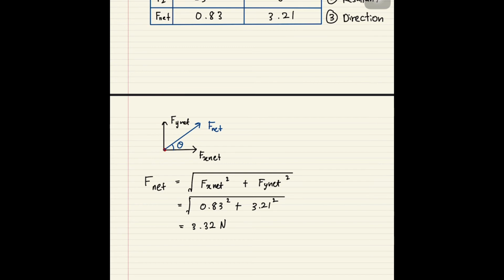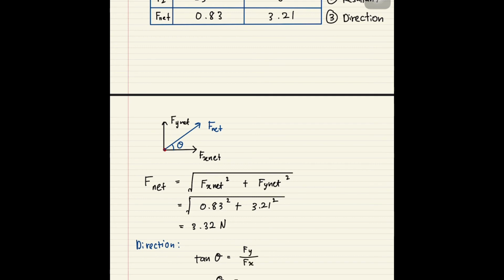So the direction would be, maybe I can write down this one as direction. Okay, as long as you put your theta towards the x-axis, so it will always be tangent theta equals to fy over fx, always be like this.